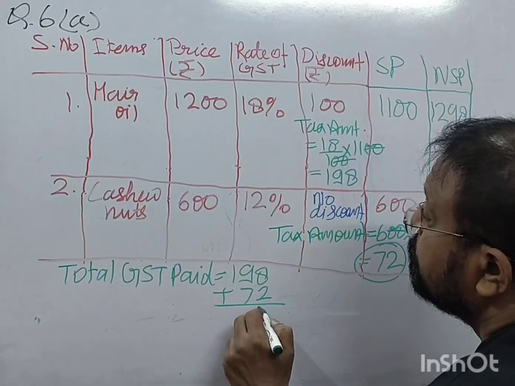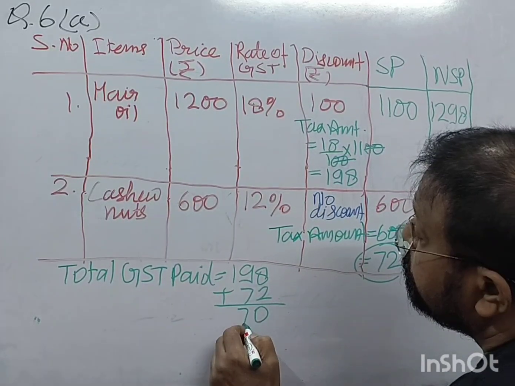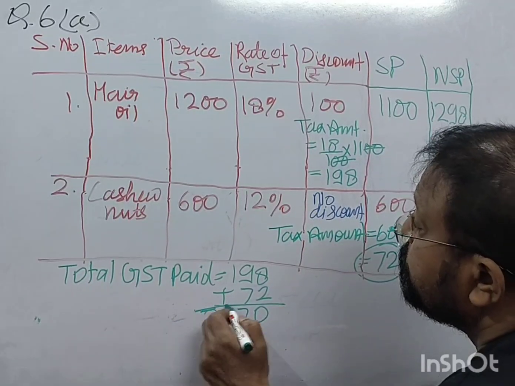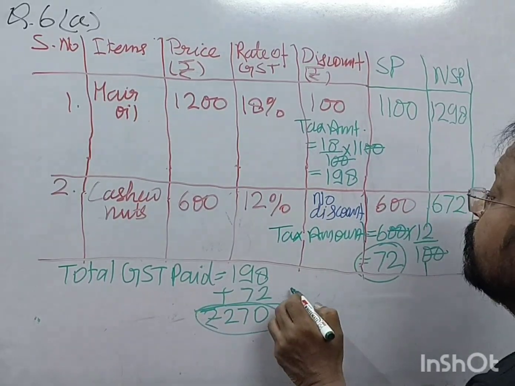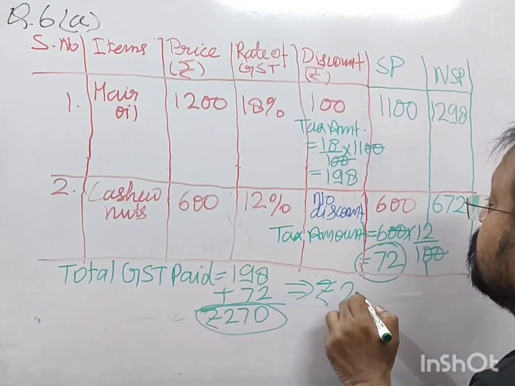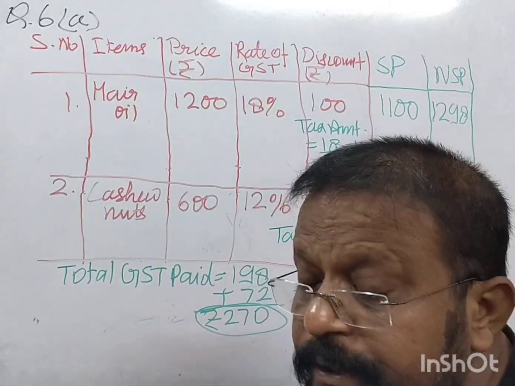How much? Rupees 270. That is rupees 270. This is a GST rate, right?